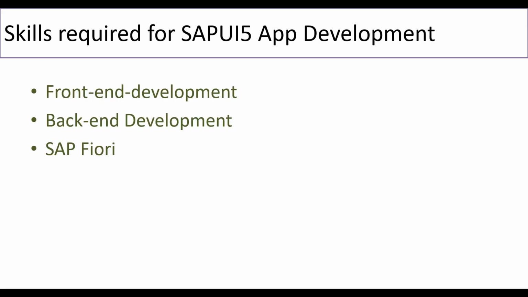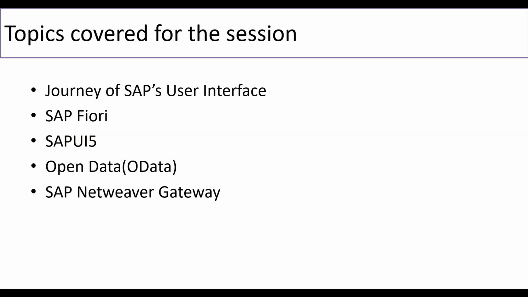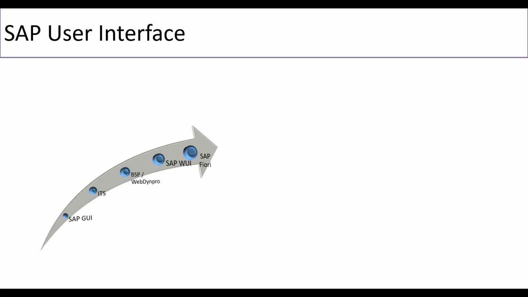Right, so let us get into the journey. As we are pretty much aware, SAP GUI was the first user interface in the 1970s, because there was no browser at that time. So ultimately they had to come up with their own UI, and they came up with SAP GUI.